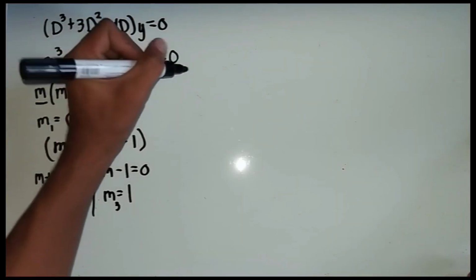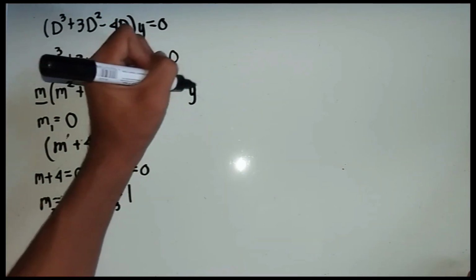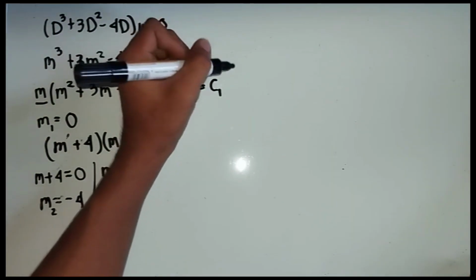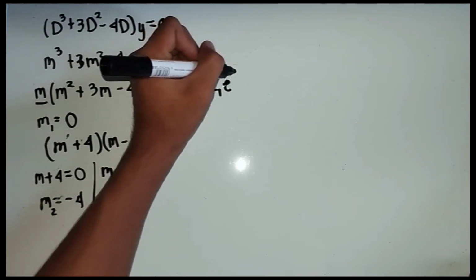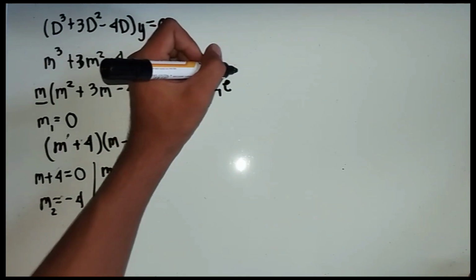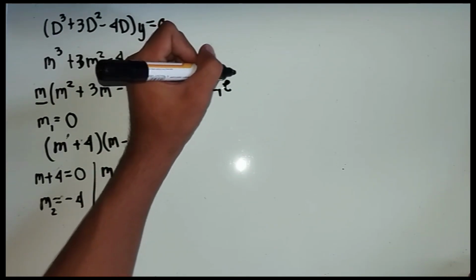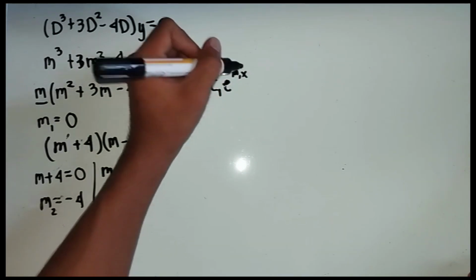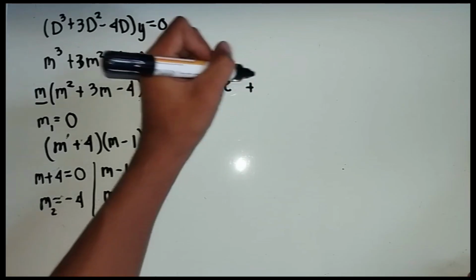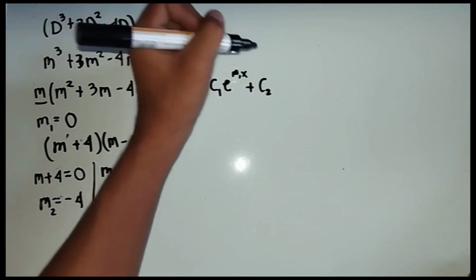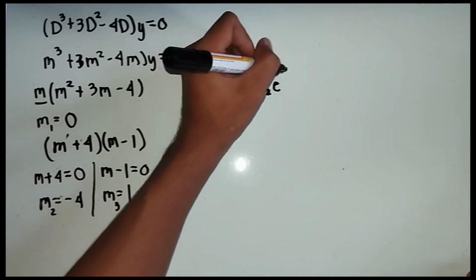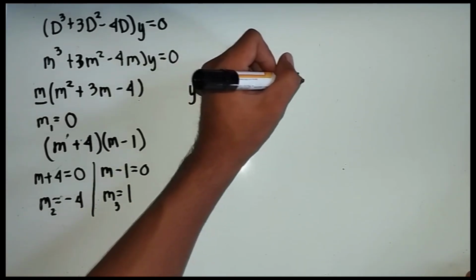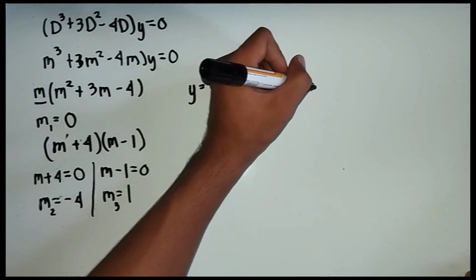The form for distinct roots is y is equal to c sub 1 e to the power of m sub 1 x, plus c sub 2 e to the power of m sub 2 x, plus so on.